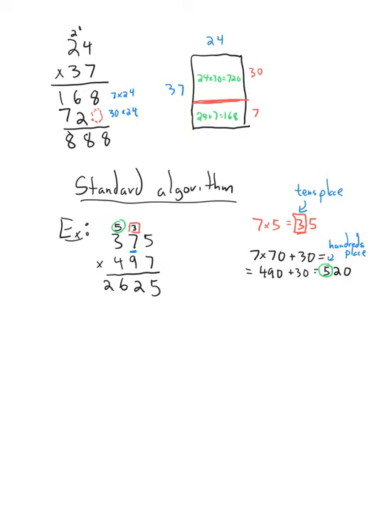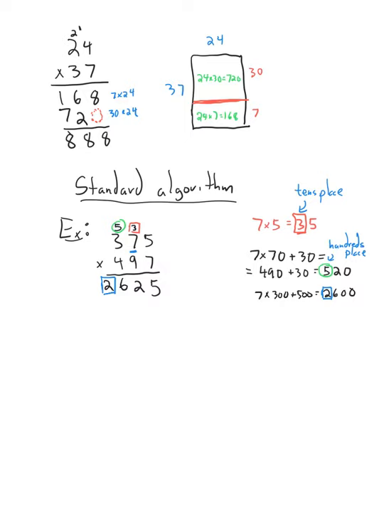So let's write that out. 7 times 300 plus 500 is 2,600. And we don't write a carry down, but we are carrying that 2 to the thousands place. So of course it has a place value of thousands.